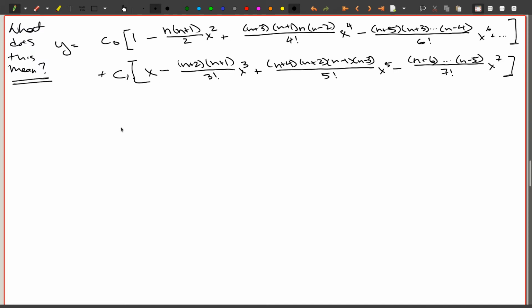There's our solution right there. It's a lot to look at, but just remember, given some n, we would be able to plug in that value n, and then this is just a bunch of numbers. It's still an infinite series, but it is a bunch of numbers.